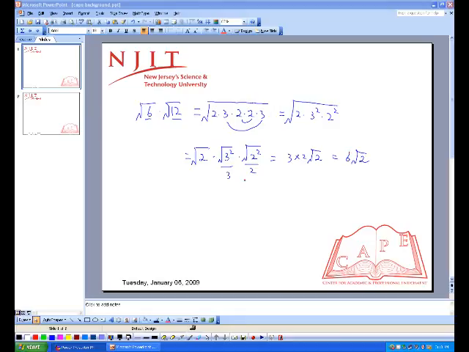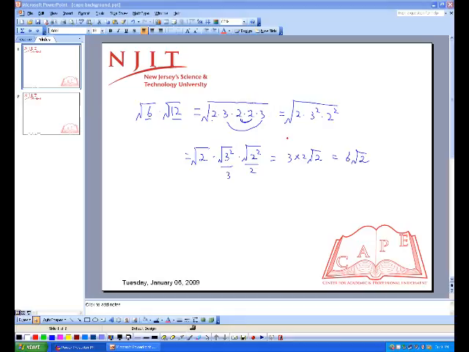So you see what I did? The first step is you try to factor the numbers into its lowest factors, and then you try to group two factors that are the same. So group 2 with 2 and 3 with 3, and then you write it into a square form.